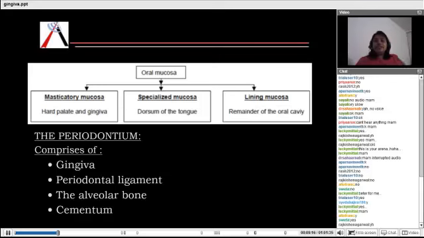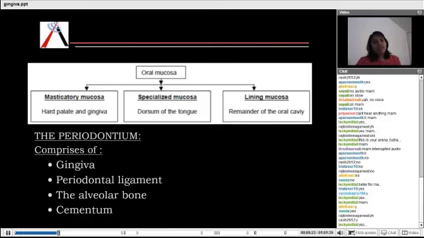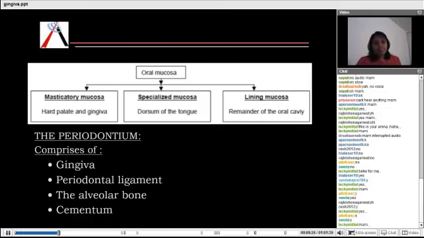Still, let the chat box be ticking so that I know I can move on quickly with these things. Okay, now when I say the term periodontium, it consists of gingiva, PDL, alveolar bone and cementum. But the term periodontal ligament itself just means the periodontal ligament, that is between cementum and the bone.